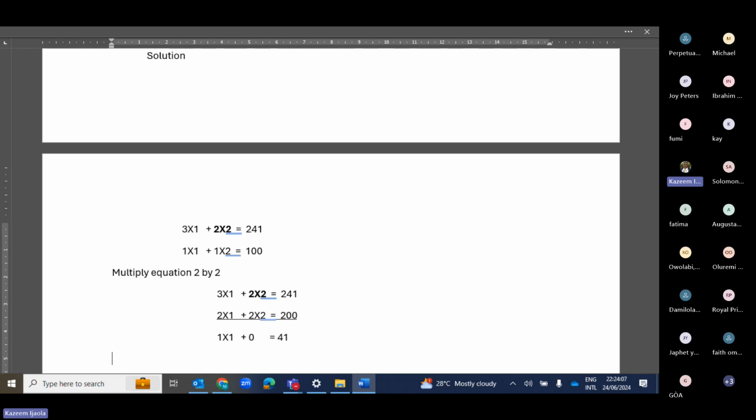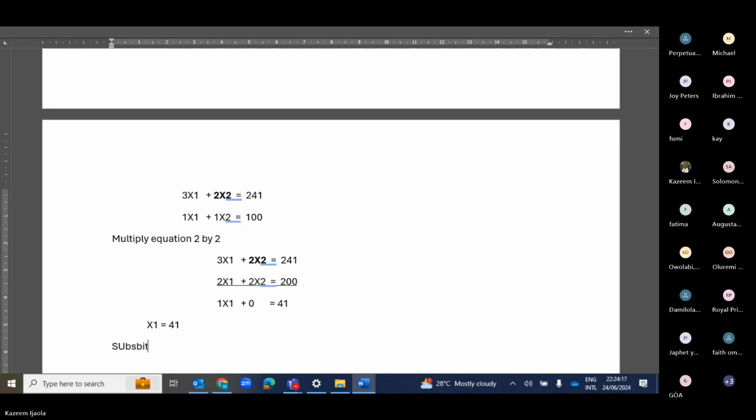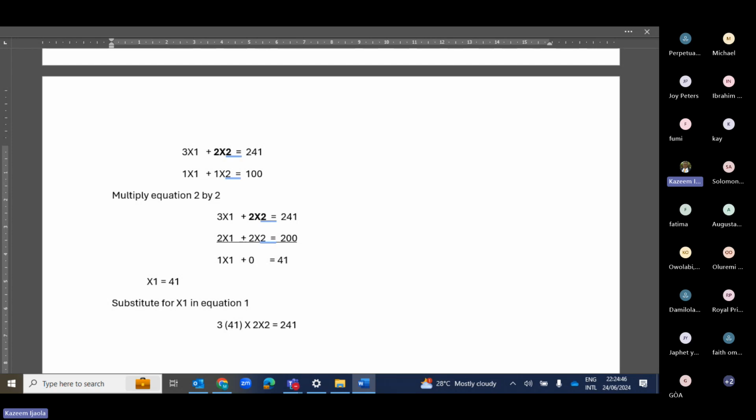If your x1 is equal to 41, then you substitute this for x1 in equation 1. So it will be 3 times 41, plus 2x2, is equal to 241. What is 3 times 41? 123.